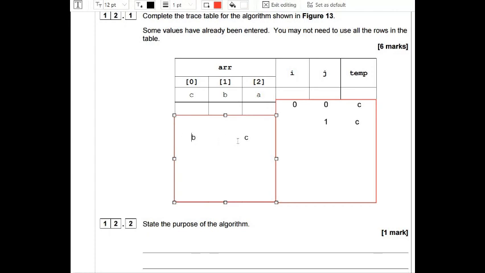So we've ordered those with B and C. So they've been ordered.